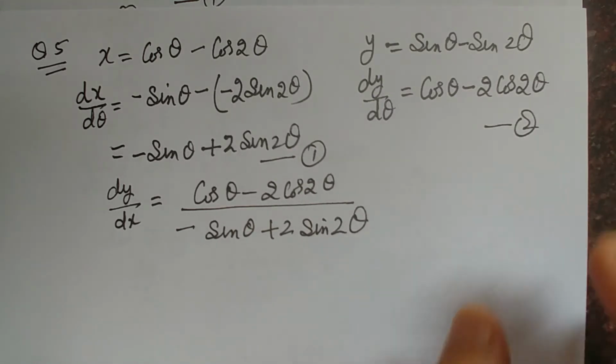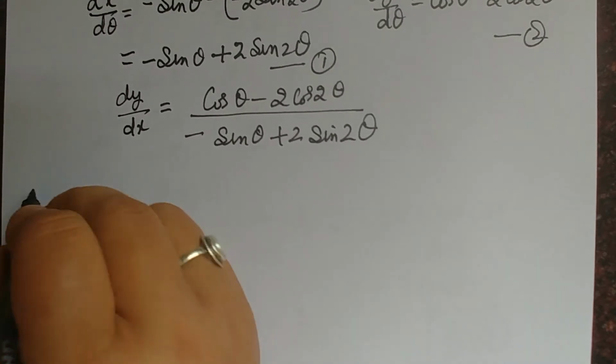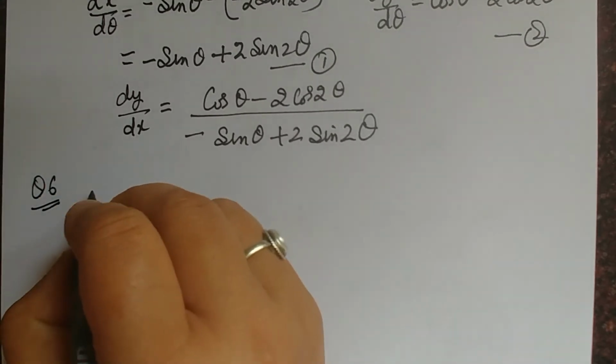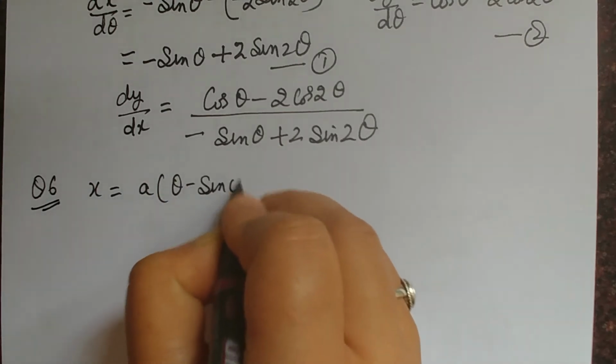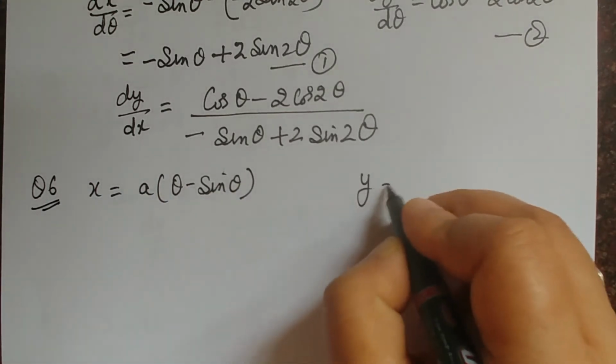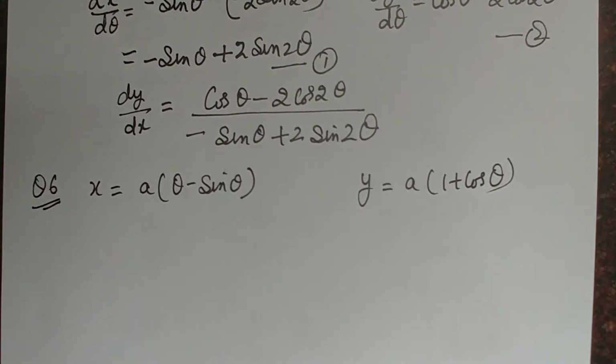So I think up to here the answer is okay. Number 6. It is x is equal to a times theta minus sine theta and y is equal to a times 1 plus cos theta.